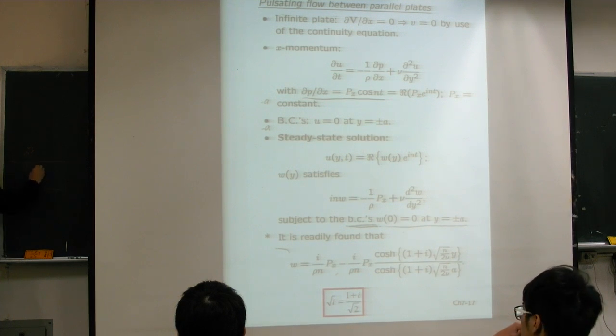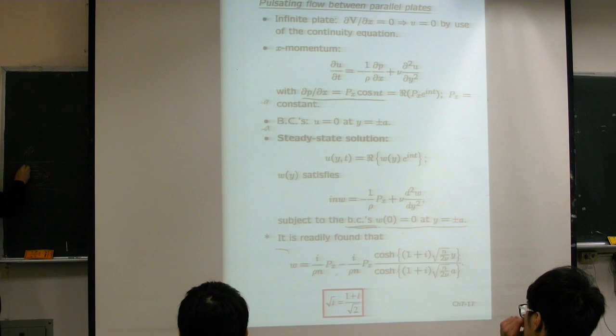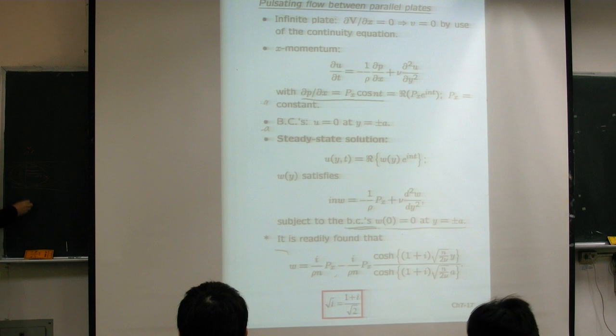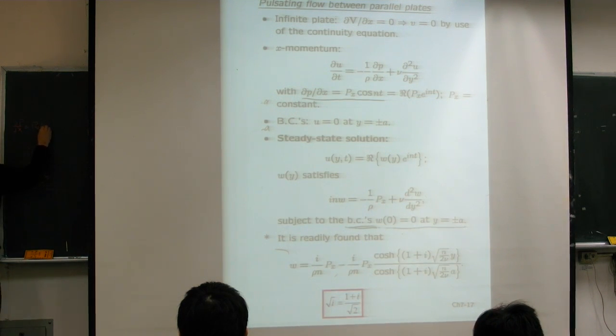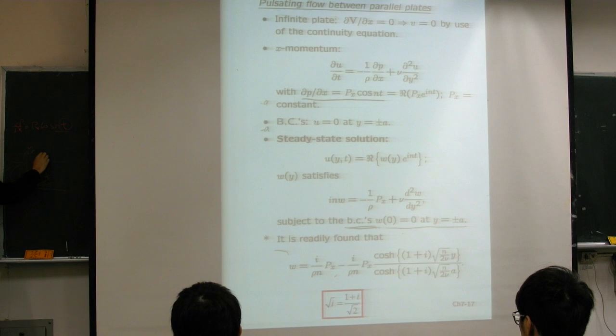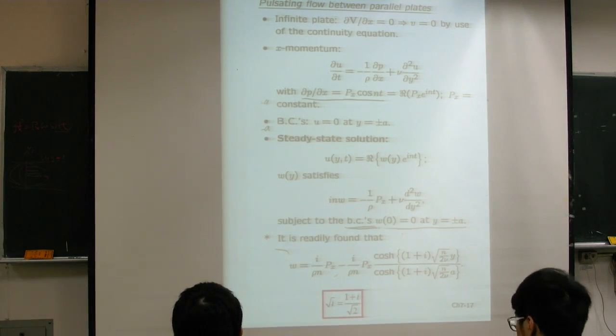So the u velocity is like this, but this u is unsteady, sometimes like that. So it changes according to the pressure wave. So your pressure wave dp/dx is cosine nt, so this changes with time. So our flow u velocity is a function of y and t. We try to solve this problem.